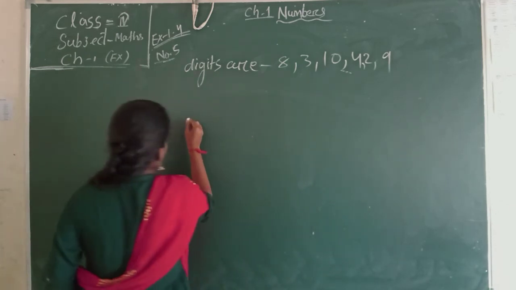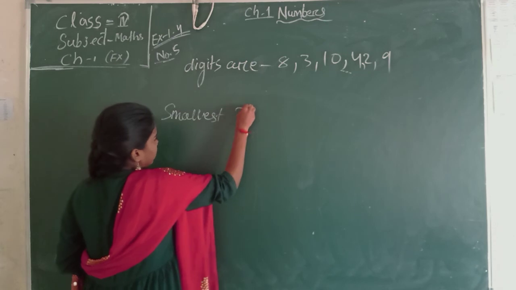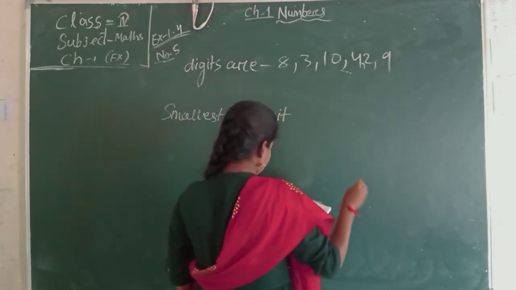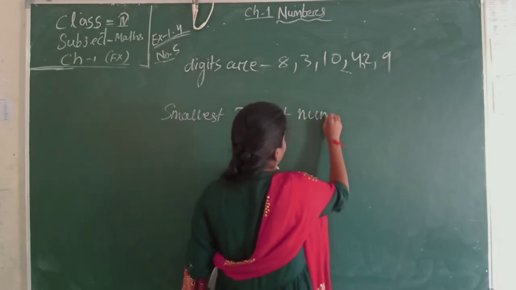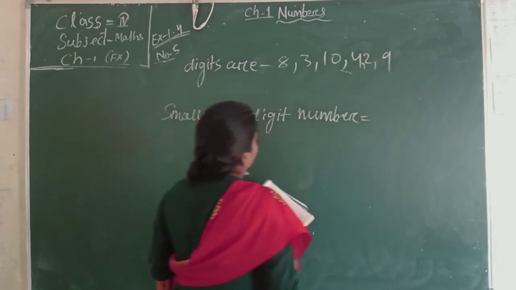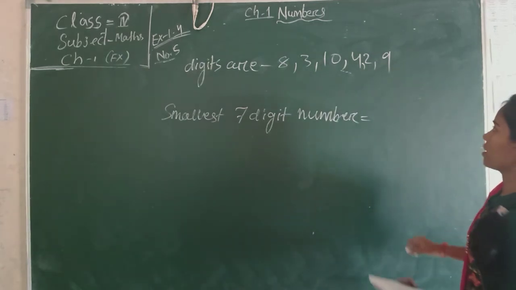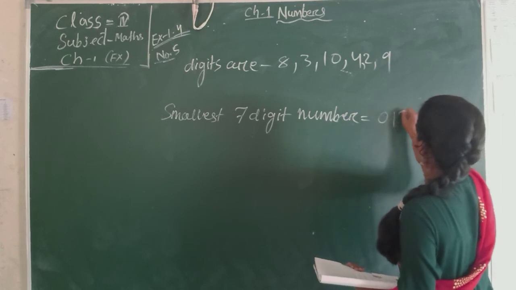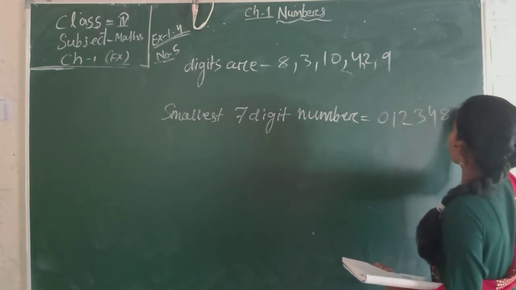And the 7-digit smallest number is, first arrange these digits in ascending order. So first will come 0, next 1, next 2, next 3, 4, 8, next 9.